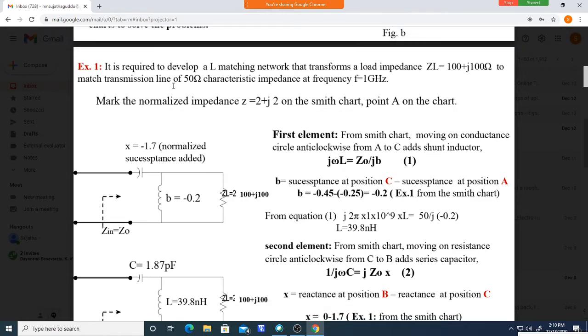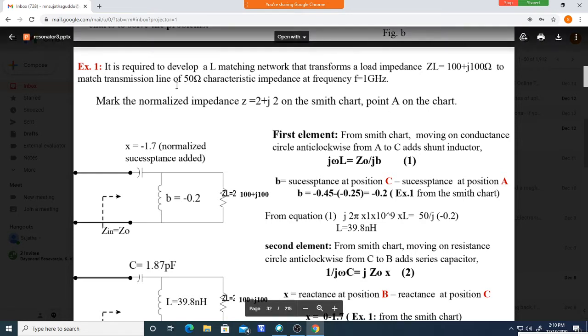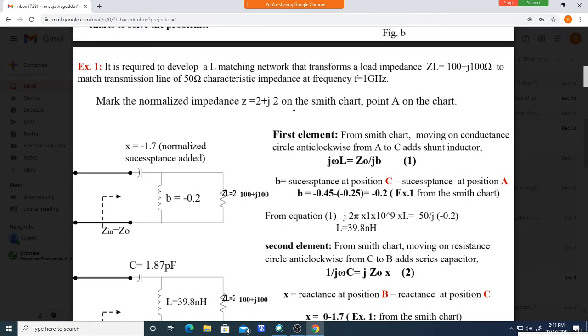System impedance is equal to 50 ohm. System impedance means it is the characteristic impedance of a transmission line also, of the interconnect also. So you should take whatever is given. It is given here as 50 ohm. So divide the given impedance by the characteristic impedance 50. You will get this value 2 plus j2. So you should mark this on the Smith chart.